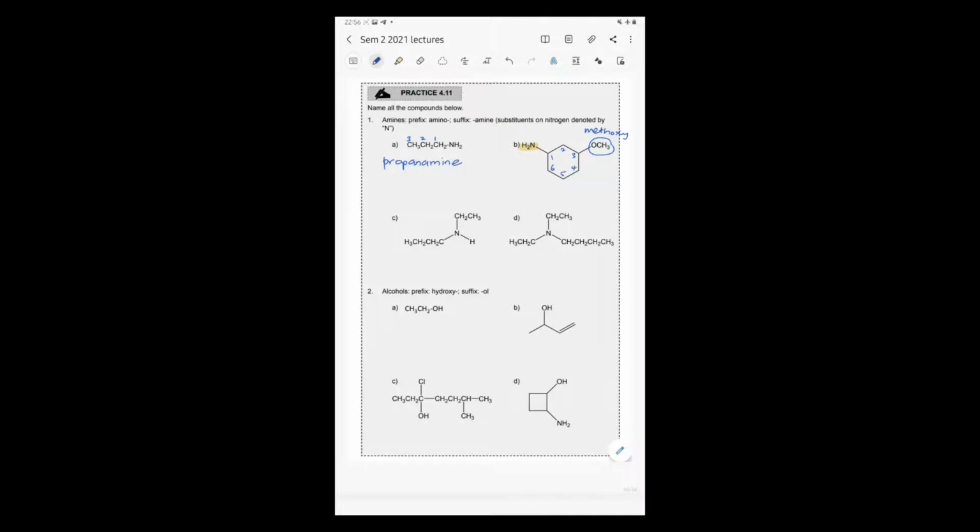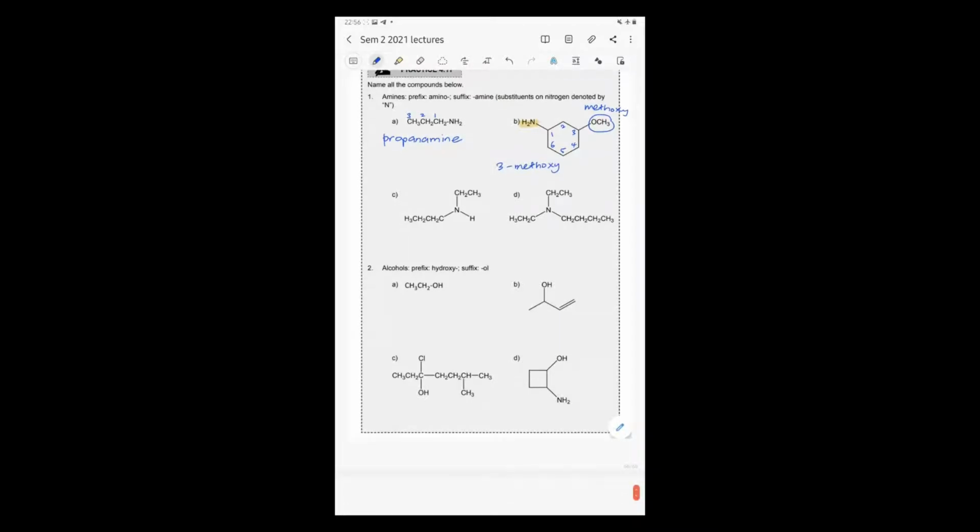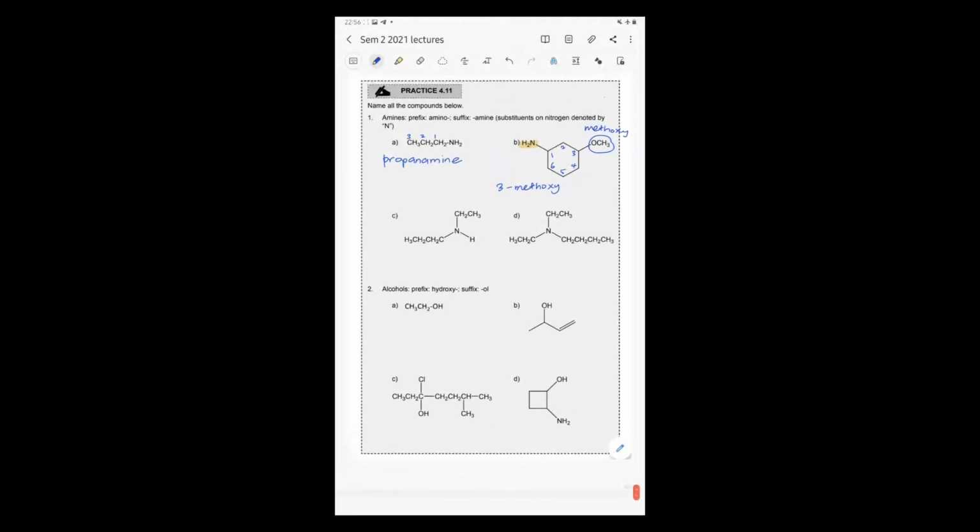So what is the name? The name is 3-methoxycyclohexanamine. Yes, no space between cyclo and hexanamine, no space between methoxy and cyclohexanamine. Just continue all of that.